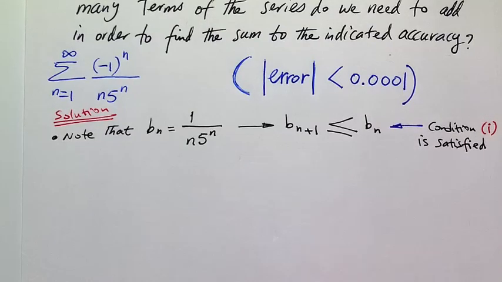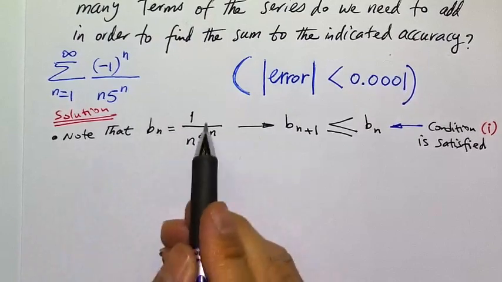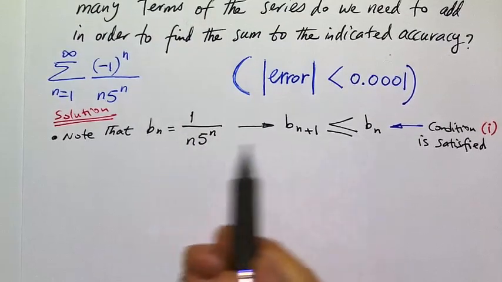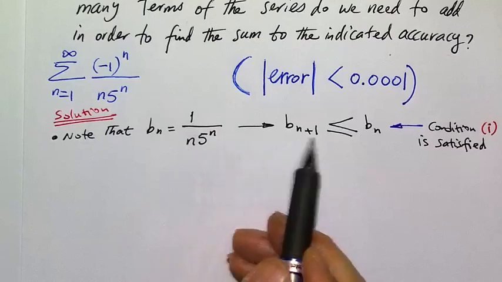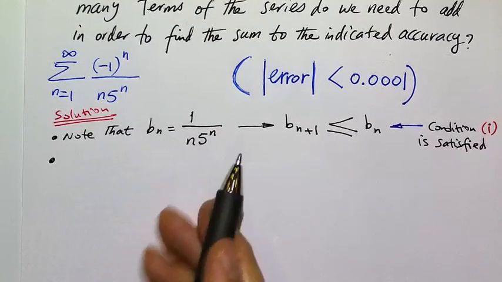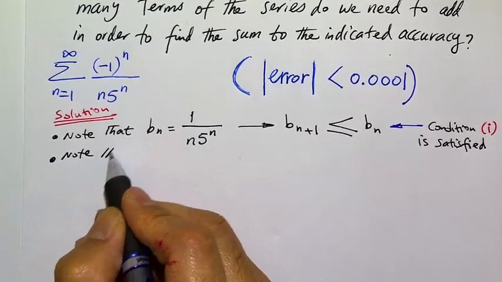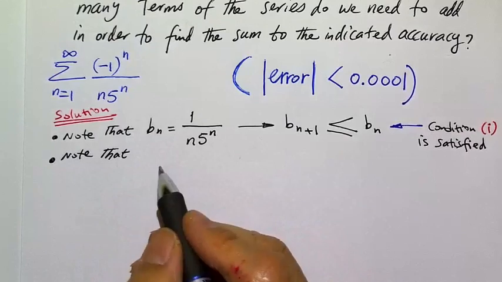Okay, that's one thing. Condition 2 is where the terms are decreasing. That's what this is saying. The terms are guaranteed to be decreasing. Now we have to take the limit of this and show that it's equal to 0.